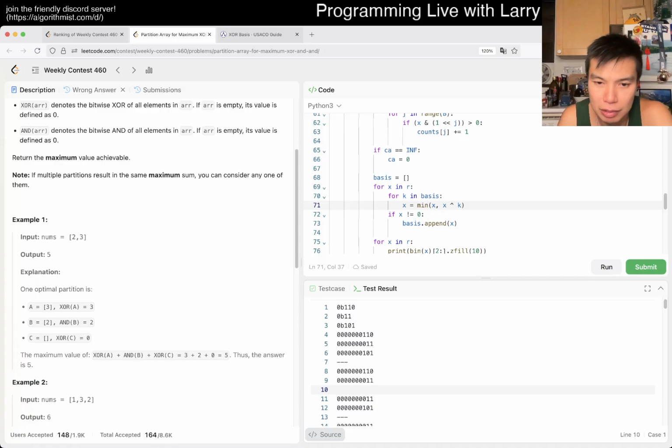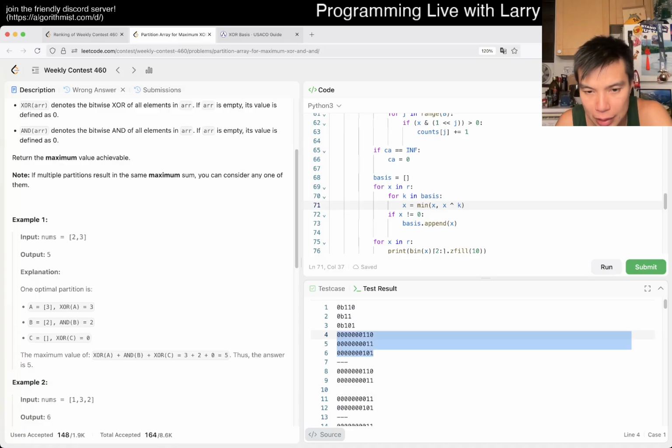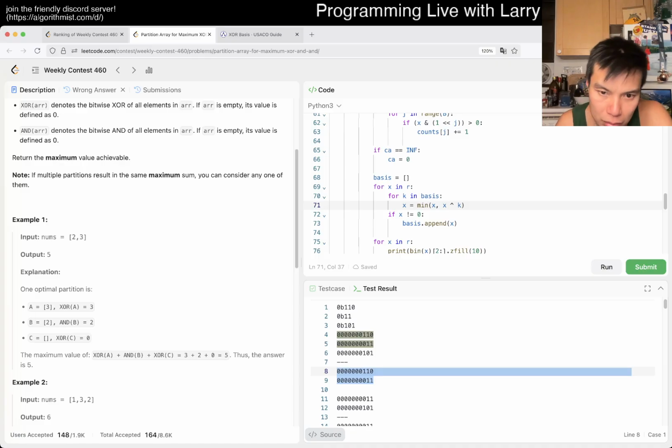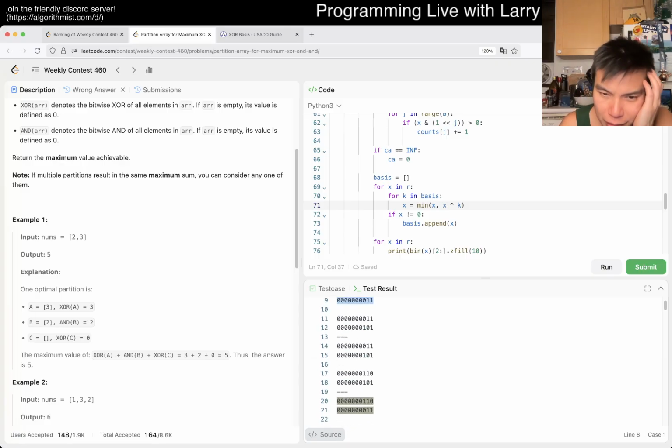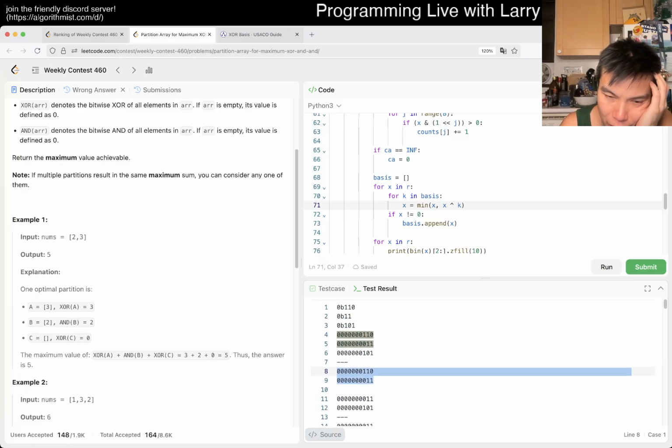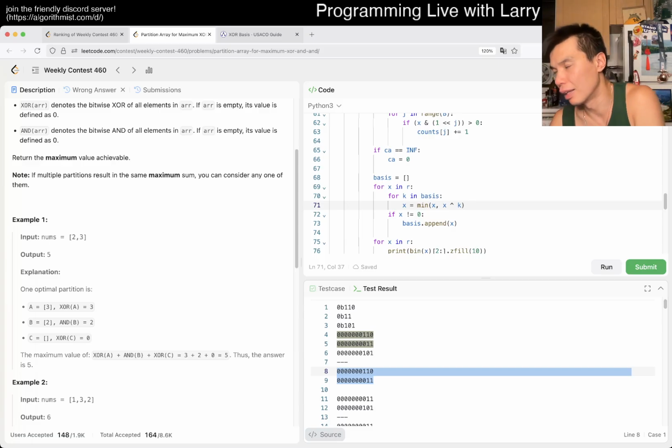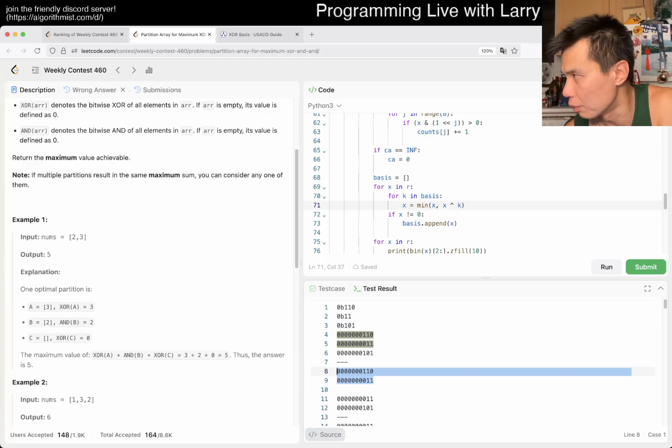That means that these 3 numbers can be represented as 2, or 2 of them. Yeah, okay, now I understand the linear independence part.